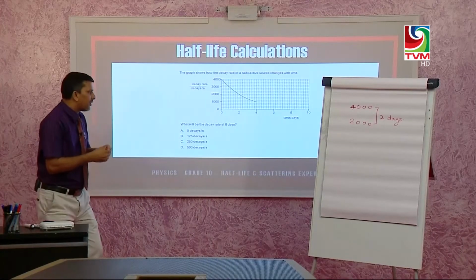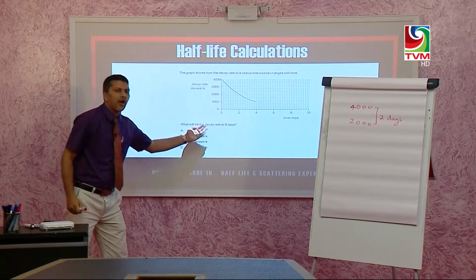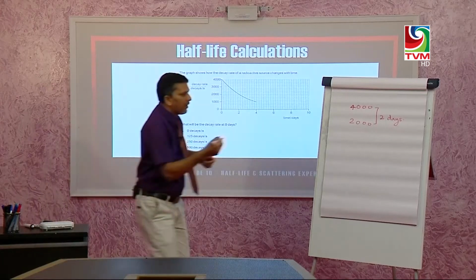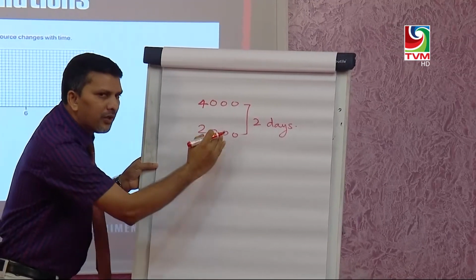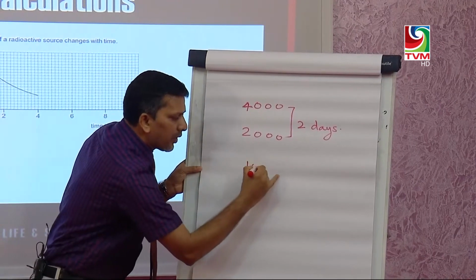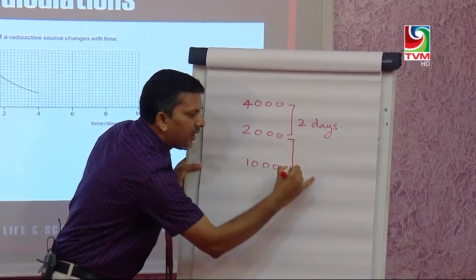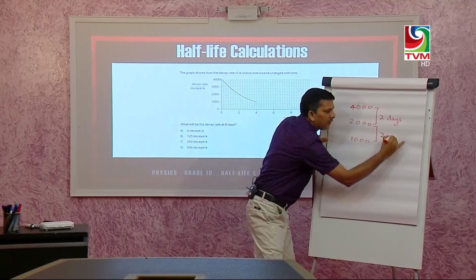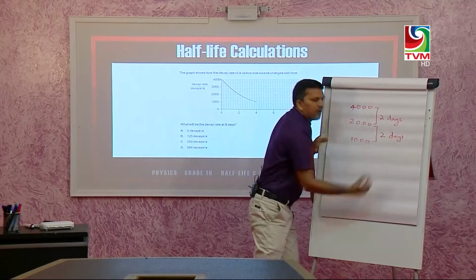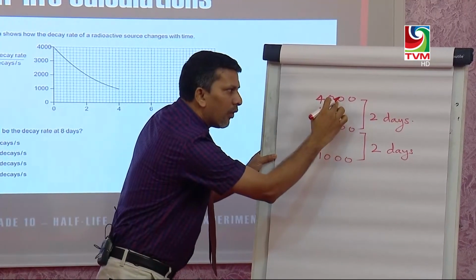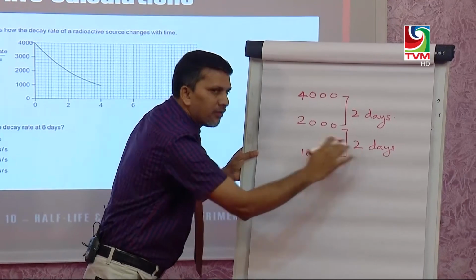Now the question is, after 8 days, how much is the decay rate? We can check again. 2000 to 1000, that means half of that. How many days will it take? Again 2 more days. So 4000 to 1000, a total of 4 days.